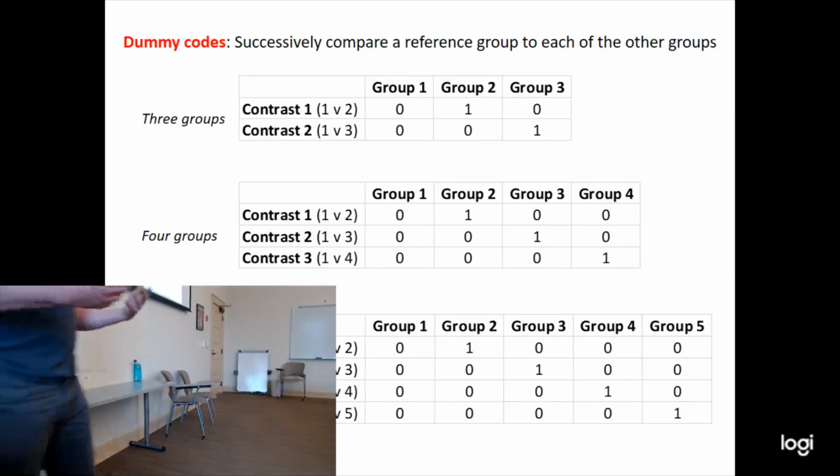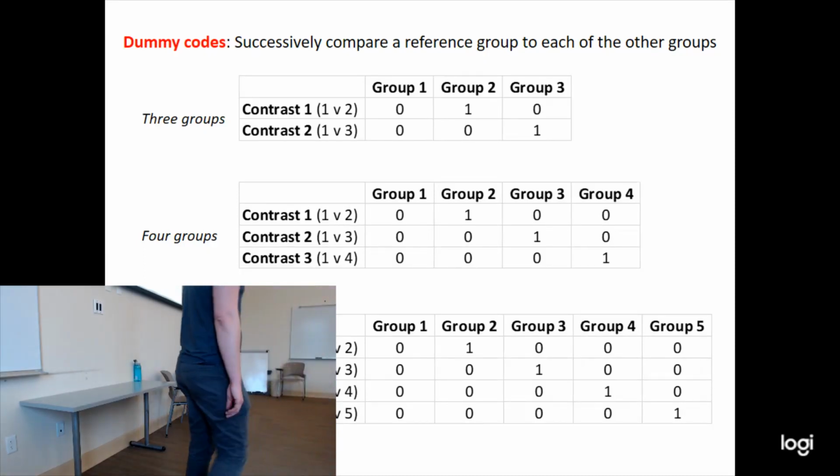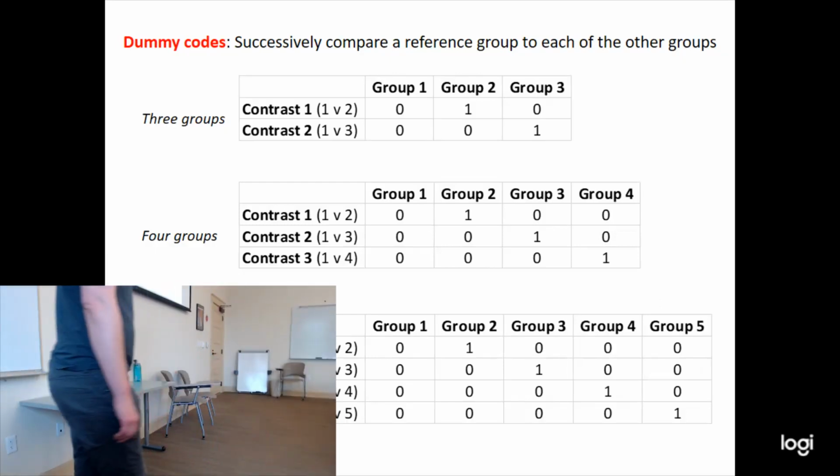So one nice thing about dummy codes is that they're pretty easy to set up. You don't have to go through a sort of rigmarole of figuring out what the residual contrasts are. You just do this. It doesn't require a whole lot of fiddling.